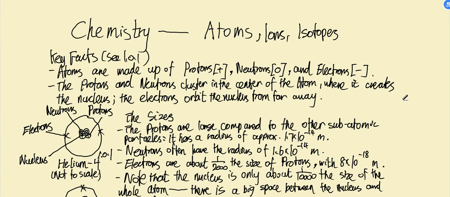You can't even see the nucleus, and the electron is orbiting very far away. You can't even see the electron, it's just like a cross or something. You can see neither the nucleus nor the electron. So really, atoms are mostly empty space, and really small. This is the sizes.